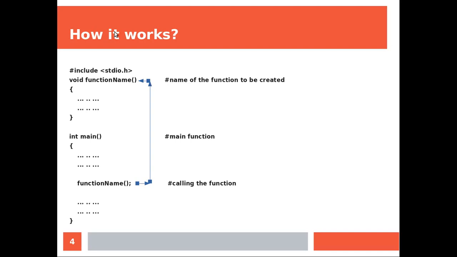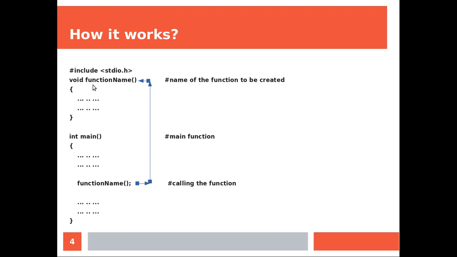So how does a function work? You can see the basic syntax of using a function in a program. Here we have a main function where the function is called using the function name, which is defined in this program using a return type which can be void, int, float, etc., and then the function name, which can be given by the user. Like if you want to add two numbers, you can give add.